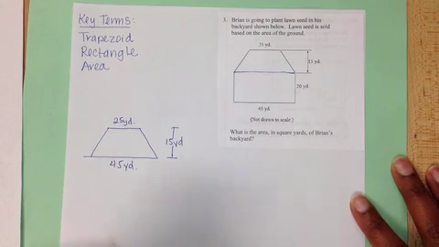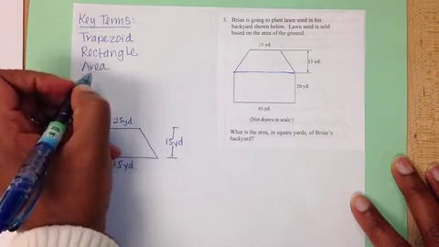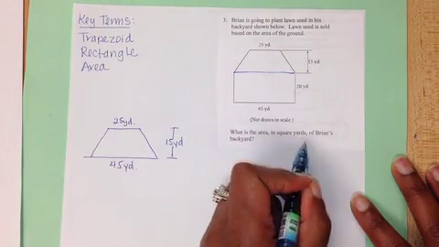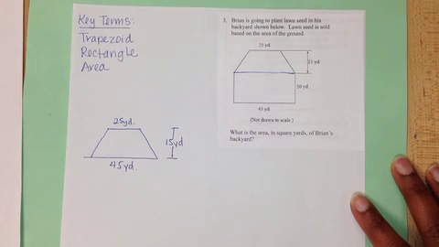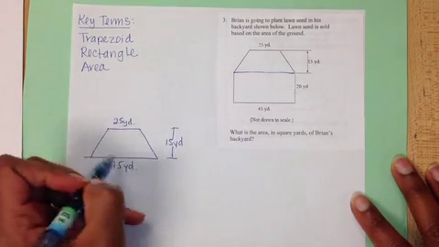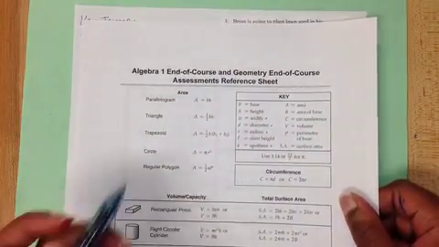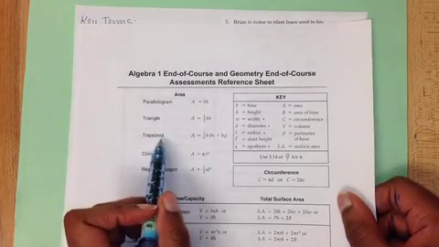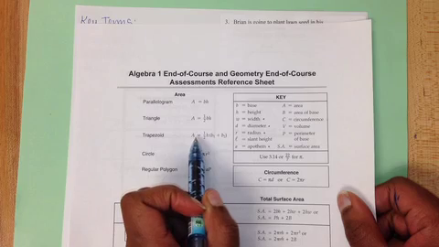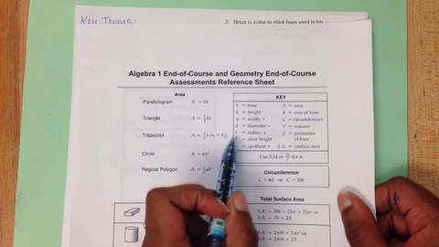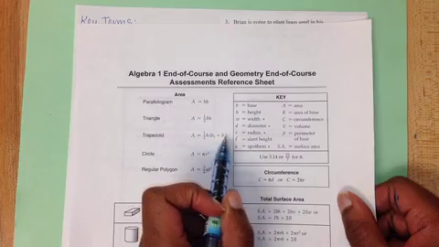So one of the key terms was area. It mentions here, what is the area in square yards of Brian's backyard? So we know we're dealing with the area of a trapezoid. So where can I find that? We can refer to the reference sheet under area. Here it says the area of a trapezoid is A equals 1/2 H times the quantity of B1 plus B2.